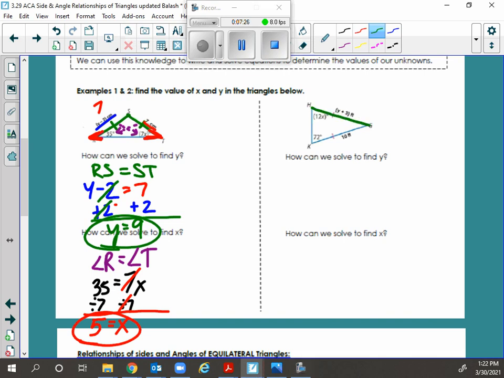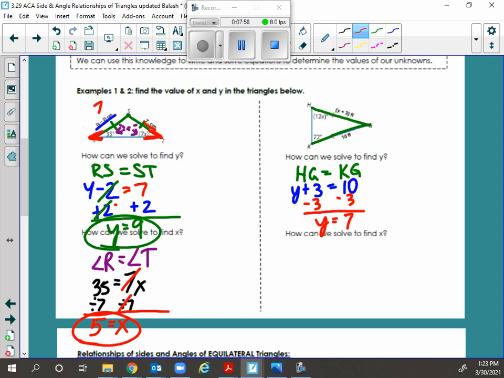H to G is equal to K to G. If that's the case, I can just replace what is given to me for H to G. H to G is y plus 3. K to G is 10. So to find what y is, all I would have to do is simply subtract 3 on both sides, and I'll end up getting y equals 7.